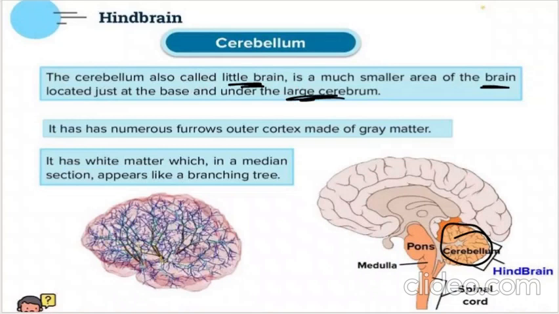It has many furrows, an outer cortex made up of gray matter, and it even has white matter which in the median section appears like a branching tree. So it has the gray matter outside, the cortex, and inside there is the medulla. It is known as the little brain because it exactly matches the brain.